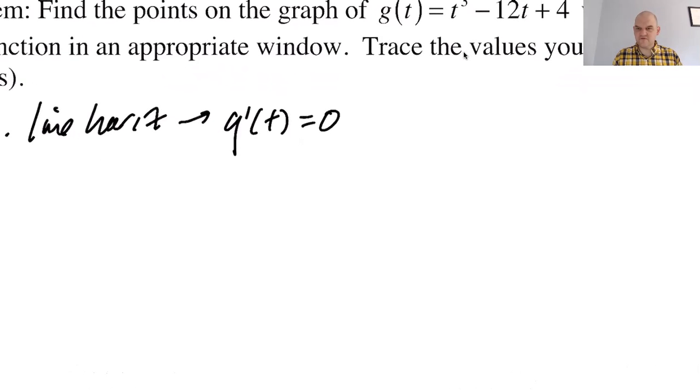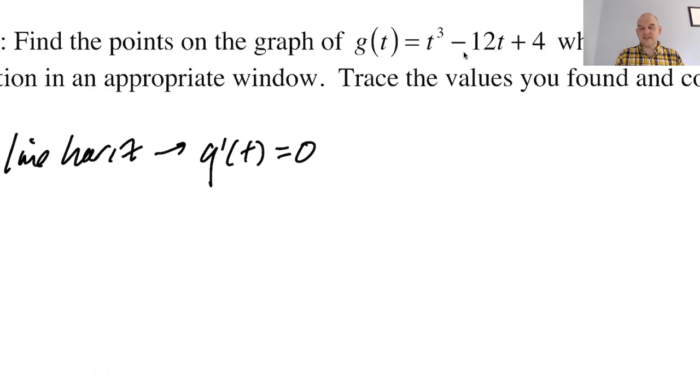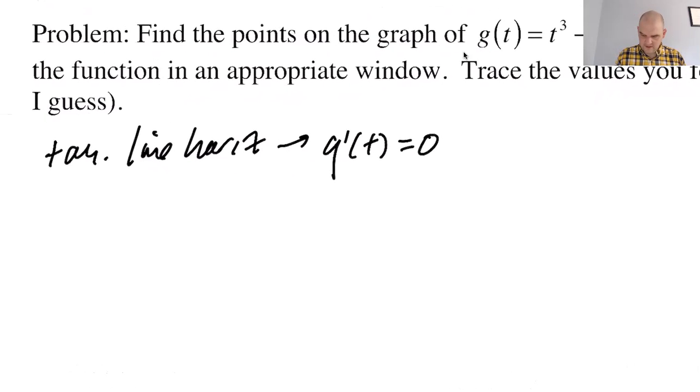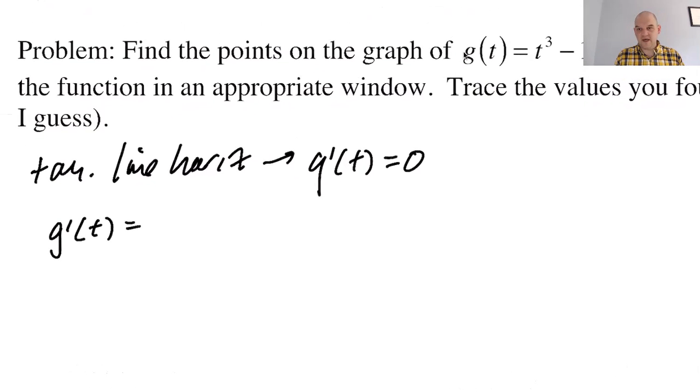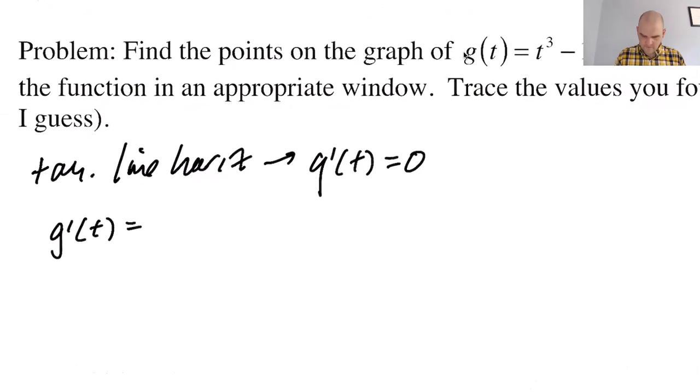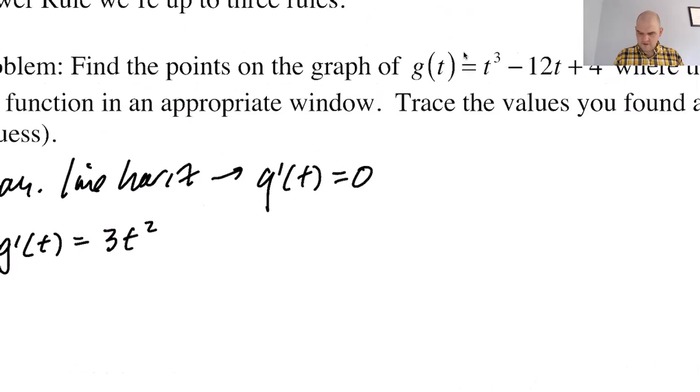So we're really just going to find the derivative and set it equal to 0 and see if we can solve. So g prime. Let's use some of this information we've learned. The derivative of t cubed by the power rule is 3t squared. The derivative of negative 12t: you could think of that as a linear function, and the slope of a linear function is just the coefficient of the variable, so it's negative 12.